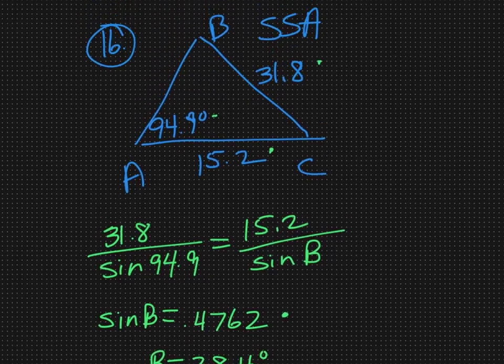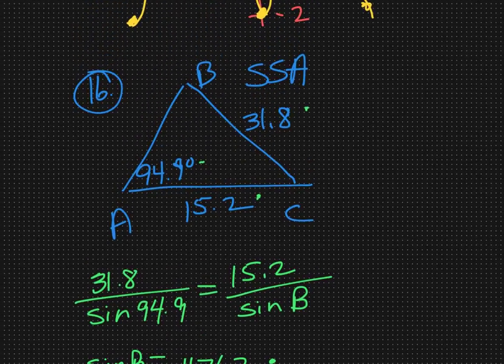Okay, now that tells me that this angle up here is 28.4 degrees, but it doesn't tell me whether there's 1 or 2 triangles, so I have to assume that there's a second one.